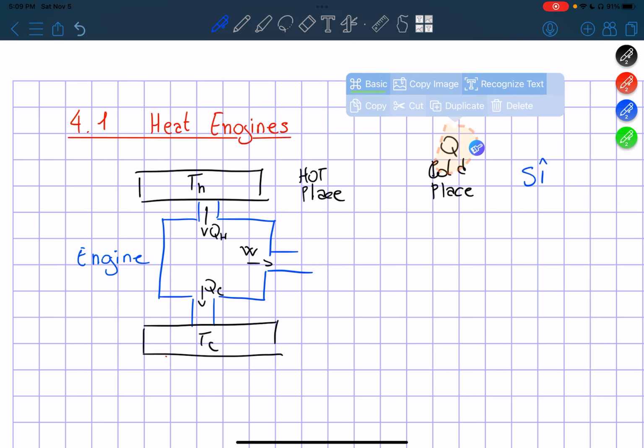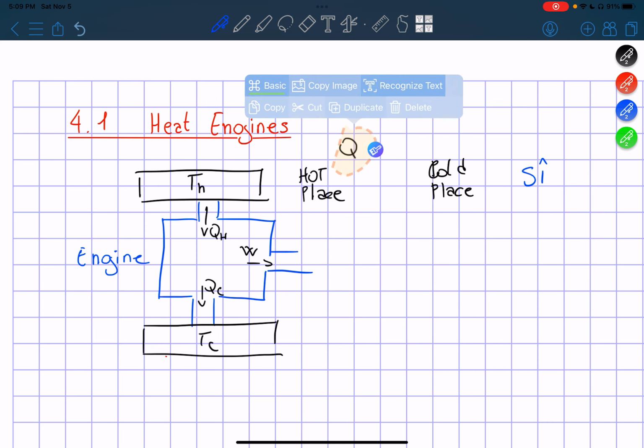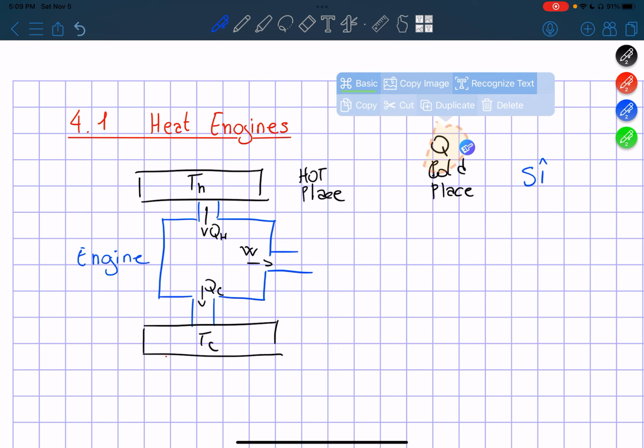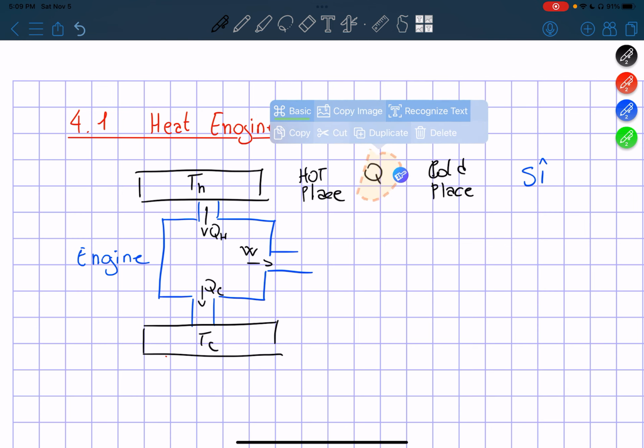That means that this movement causes heat because of the entropy increase, and of course entropy cannot just be erased from the universe.